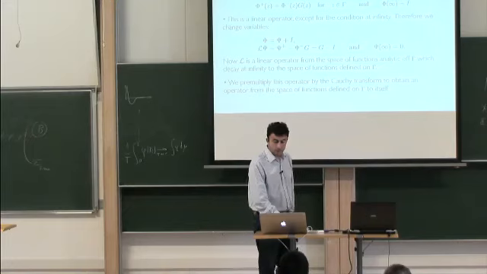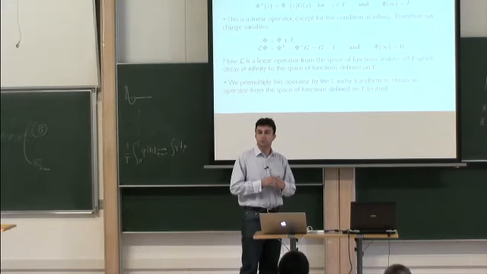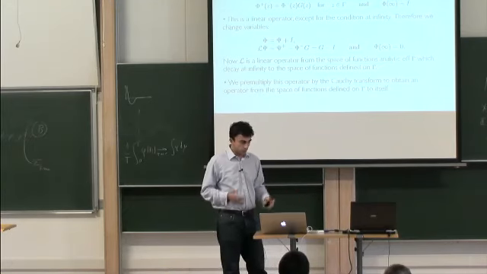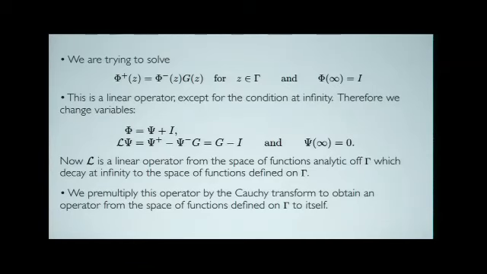So our first task is, right now we have the problem of finding an analytic function, and we're given a function on a curve. So our first task is to reduce it to only finding a function on the same curve gamma. Well, first, wait, I got ahead of myself. First, we want this to go to the identity matrix at infinity, but we want to make it so it goes to 0.